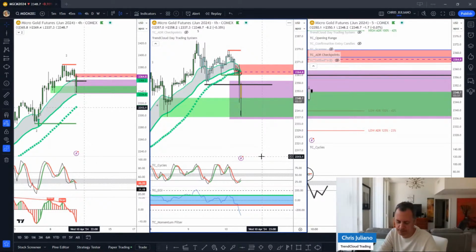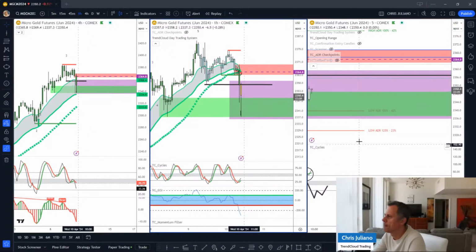Write that down. When you start to understand all of the moving parts to TrendCloud, it will give you a full perspective of the market, play by play. That's what allows you to make an informed decision.